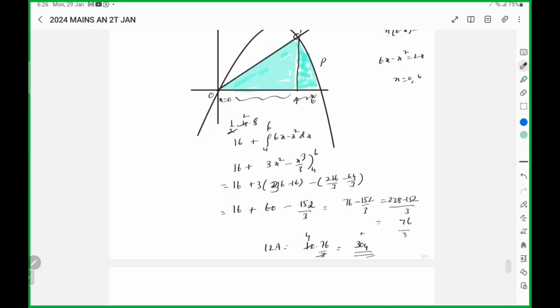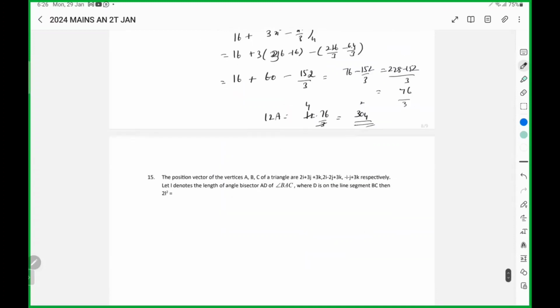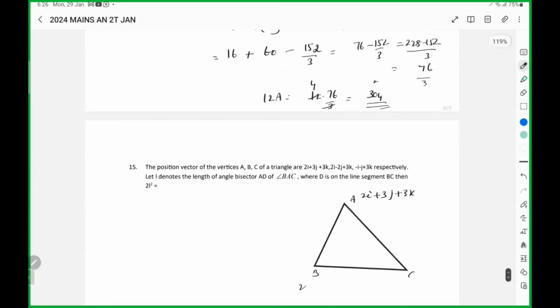Next question. The position vectors of the vertices of triangle ABC are 2i plus 3j plus 3k, 2i minus 2j plus 3k, and minus i minus 2j plus 3k.